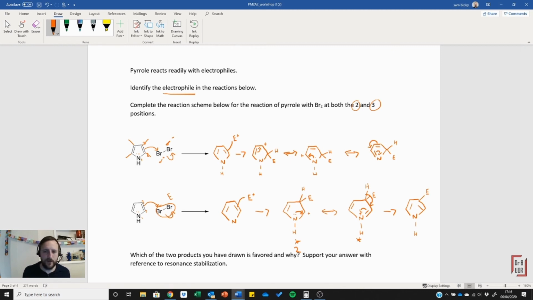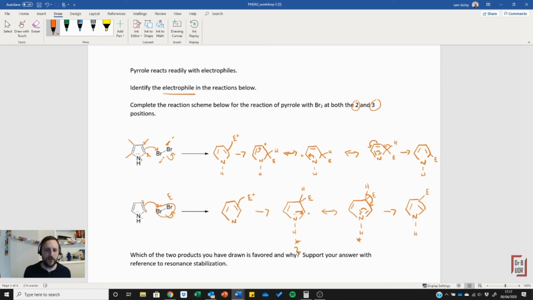And at this point, our bond to our hydrogen will get pulled back into our structure, which again gives us our final product at the very end, with half the electrophilic group that we have here.